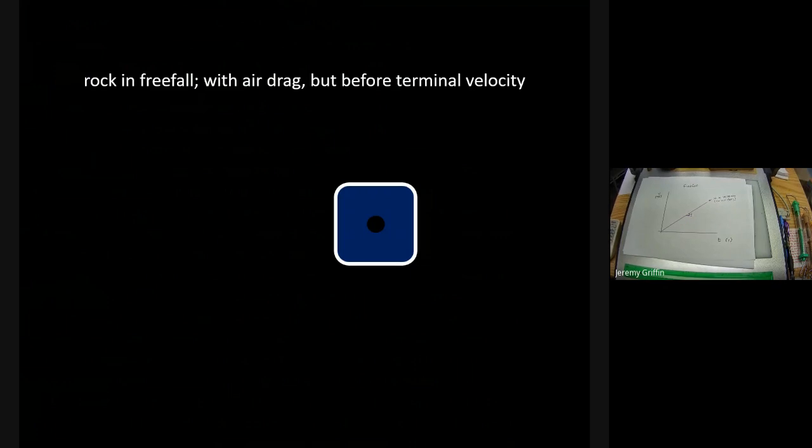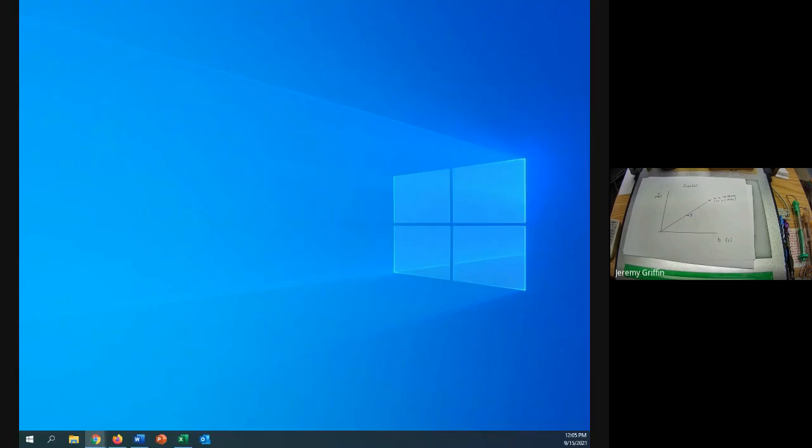Now, hang on. Yeah, can you figure out what that graph probably looks like once you include the air drag?